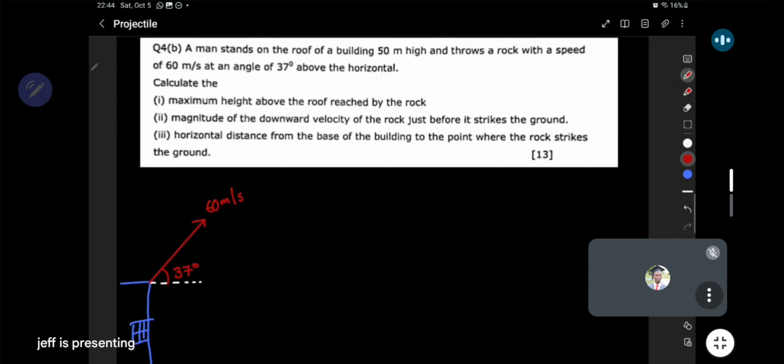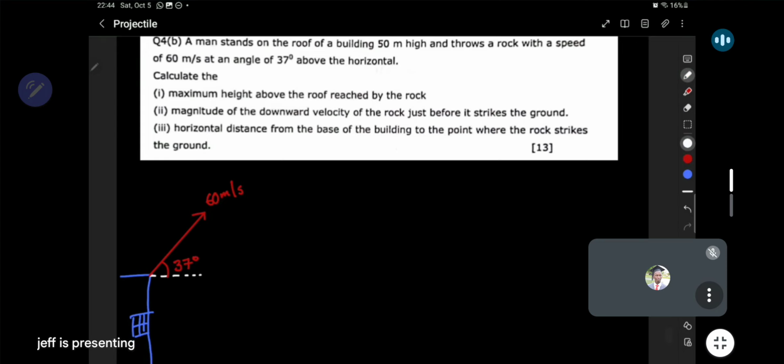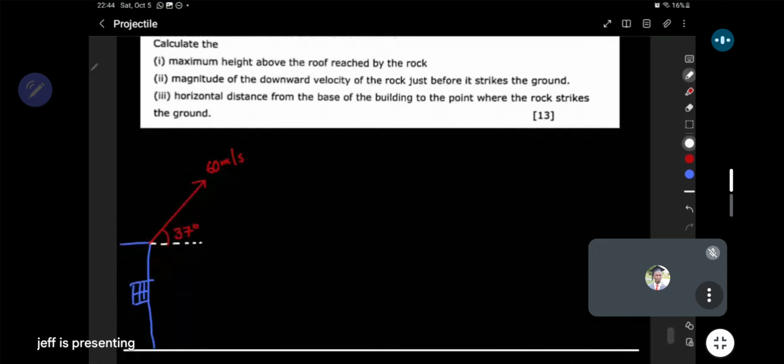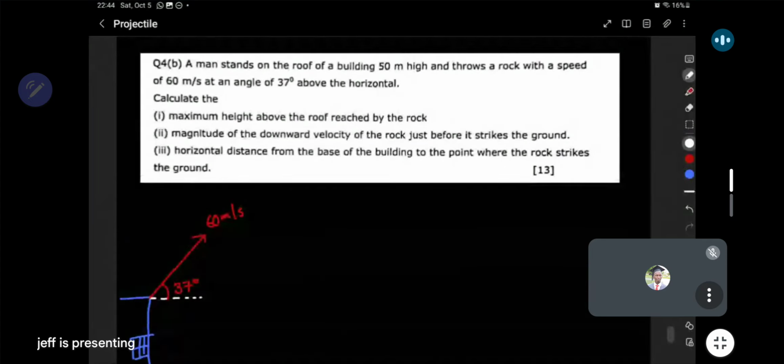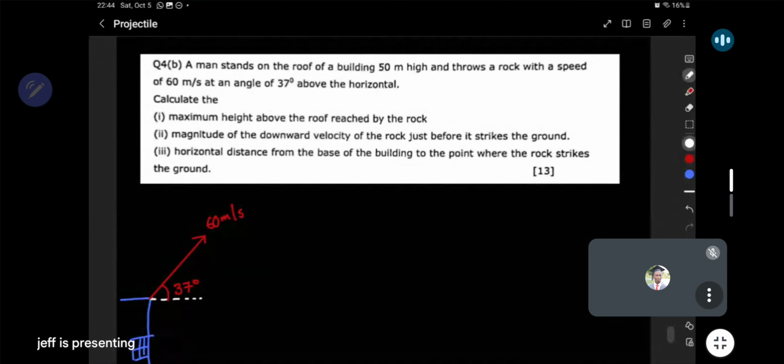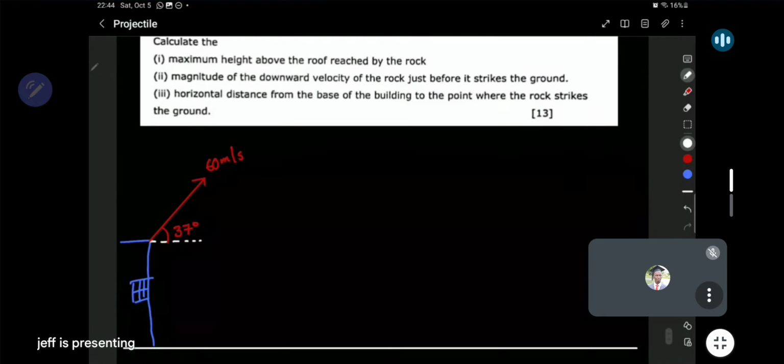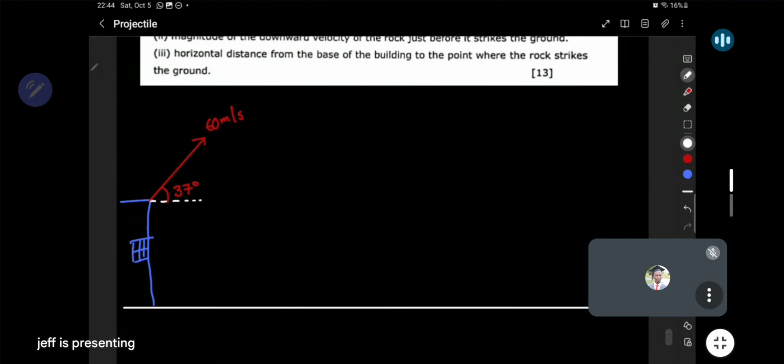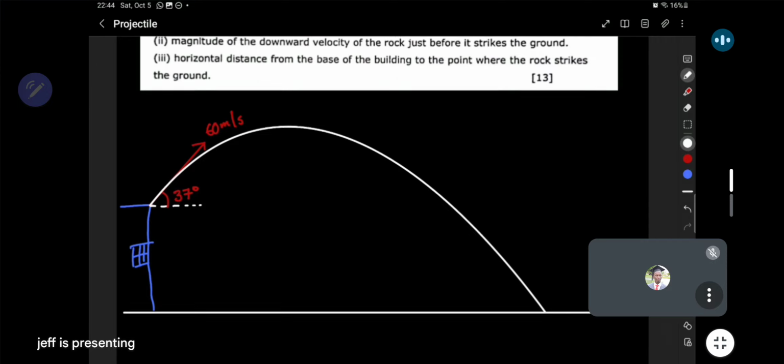We know that when projected, the trajectory that will be followed by this rock is going to be parabolic. And since this is being thrown from the building, it gets to land somewhere below, on the ground. So it goes up, then comes down and lands somewhere there.